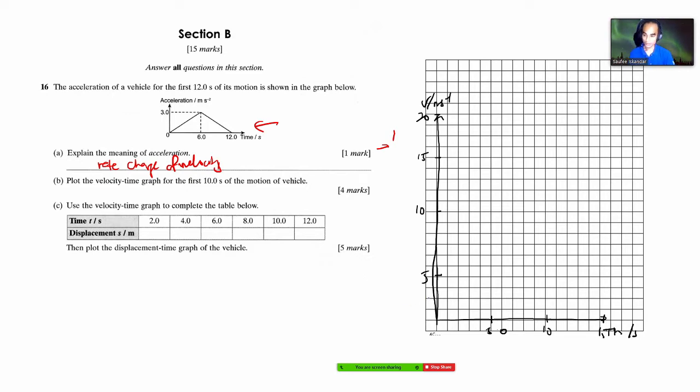Okay, so first, from 0 to 6 seconds, the acceleration will be 3.0.